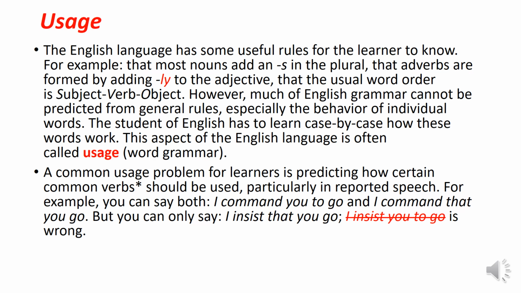A common usage problem for learners and their students is predicting how certain common verbs should be used, particularly in reported speech. For example, you can say both, I command you to go, and I command that you go. But you can only say, I insist that you go, not I insist you to go. It's wrong.